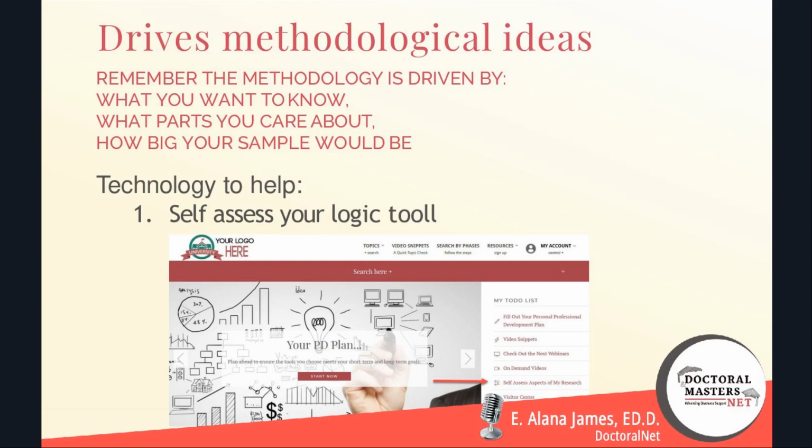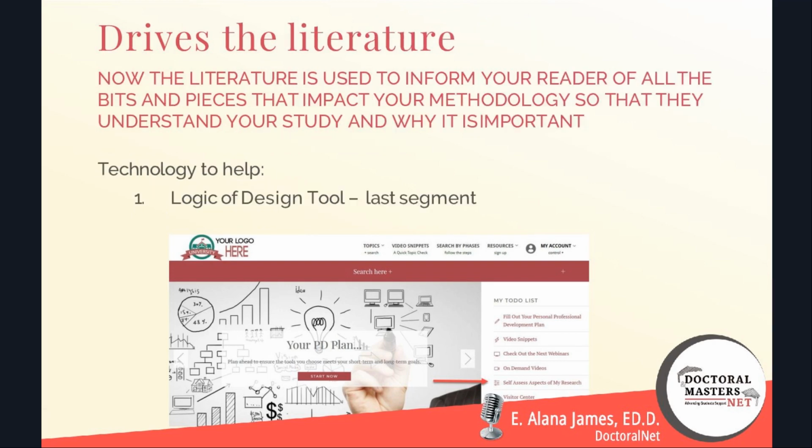And then you also have to have an understanding of the methods themselves. This is written as though you're a humanities person, but how big your sample would be, how big your population would be, if you're doing a quantitative study, how many people have to answer before you have power in your results.